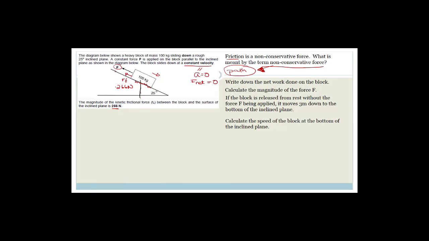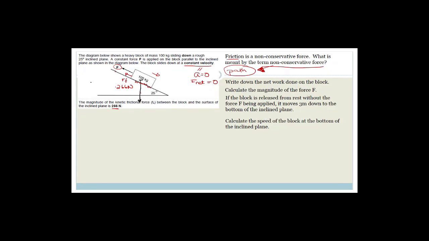The force of gravity is in this direction, towards the center of the Earth. This here is the distance that the force of gravity acts over. It doesn't matter how far along the slope or how long the slope is. That is the direction and the displacement that the force of gravity acts over, because force of gravity only acts downwards, okay?